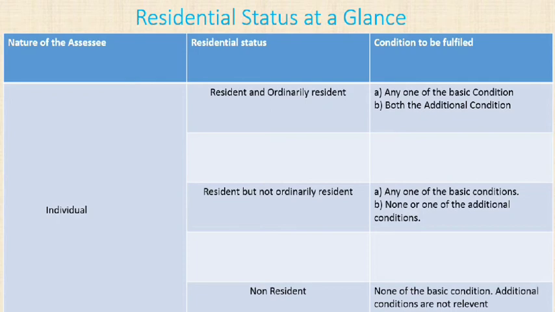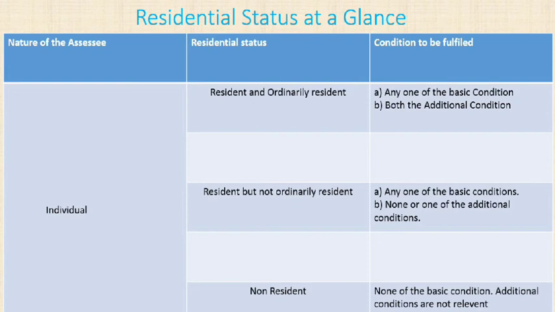If he wants to be a resident and ordinary resident, what are the conditions he has to satisfy? If he has satisfied any one of the basic conditions and both the additional conditions, he is considered a resident and ordinary resident of India.